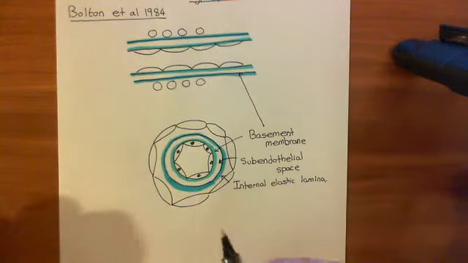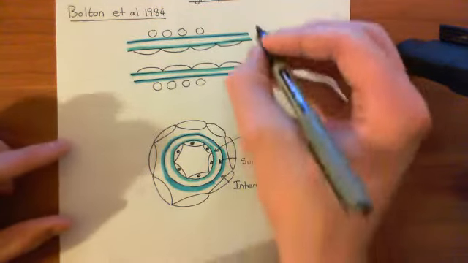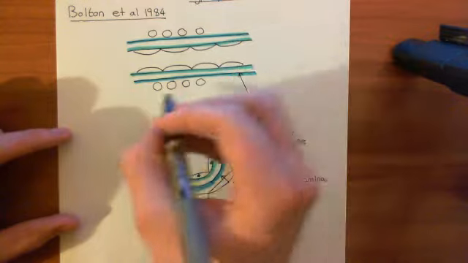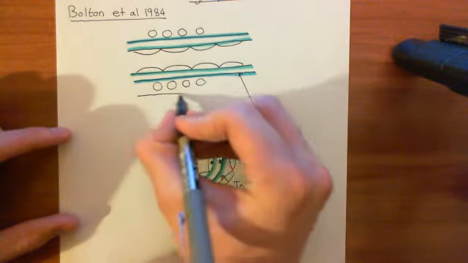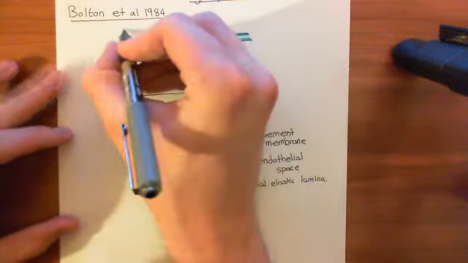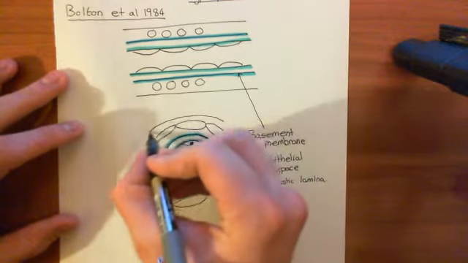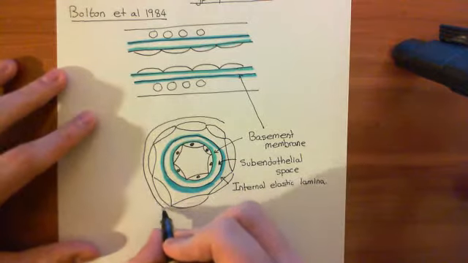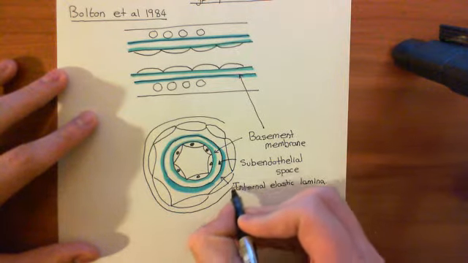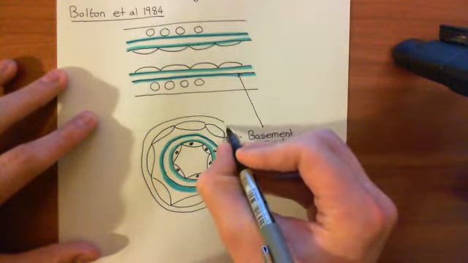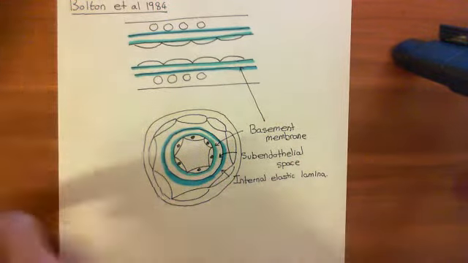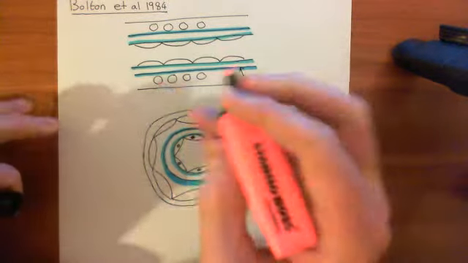Okay, and the smooth muscle layer has a name. It's known as tunica media. It's bounded on the outside by another elastic lamina, which I'll show here on this drawing. So let me put in this other elastic lamina, and this is the external elastic lamina. Let's put this in red here.